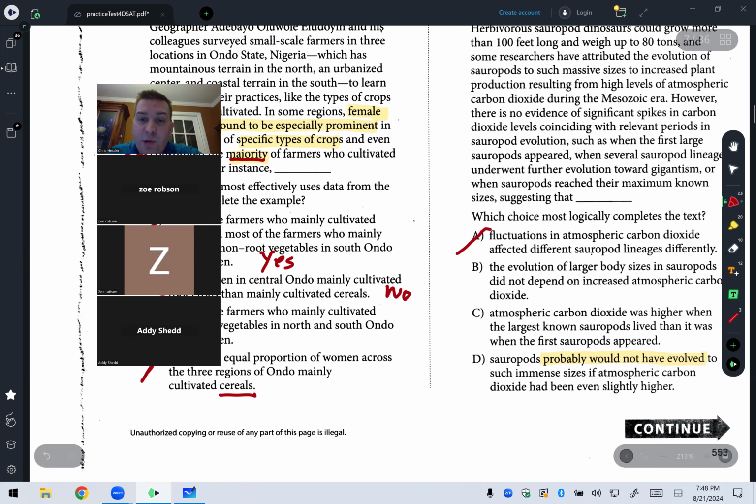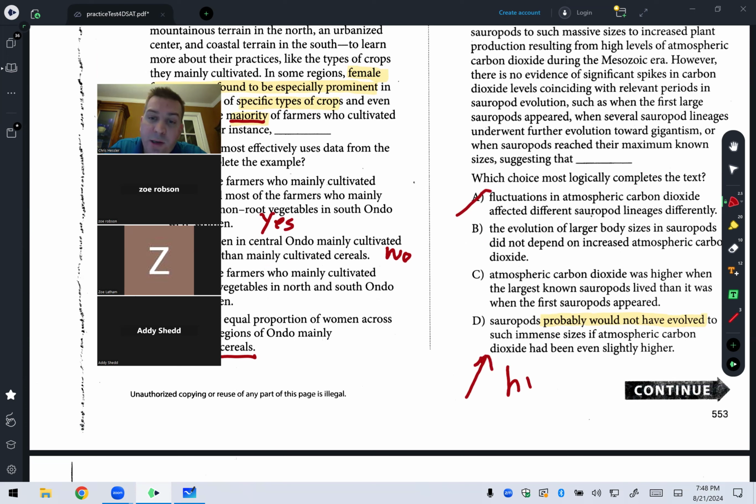I highlighted a portion of D because to me it sounded extremely hypothetical. And if you see something on the digital SAT that sounds incredibly hypothetical, like we couldn't possibly ever determine the information, just cross it off. All right, here's the really hypothetical answer.